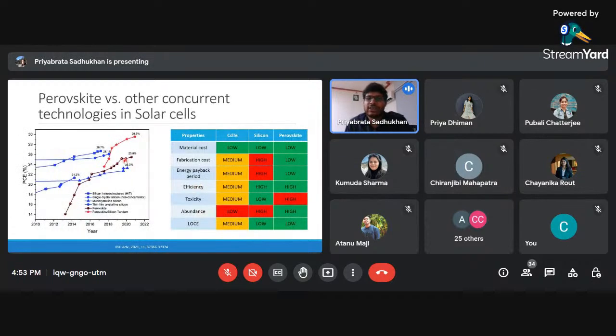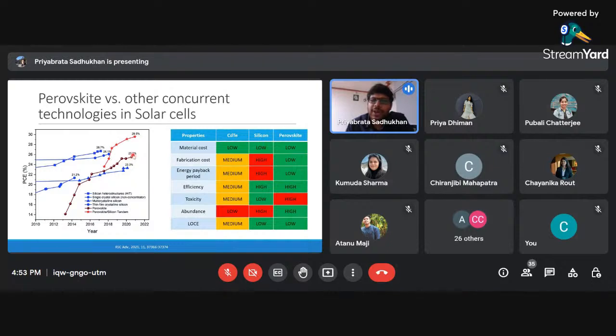Now this material, even though it is in a thin film form, is so efficient that in only 12 years the perovskite solar cells have shown efficiency up to 25.5%. This is the progress of perovskite solar cell efficiency in the last 12 years.